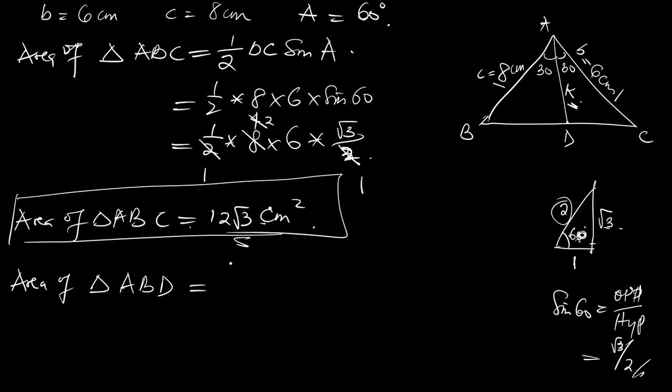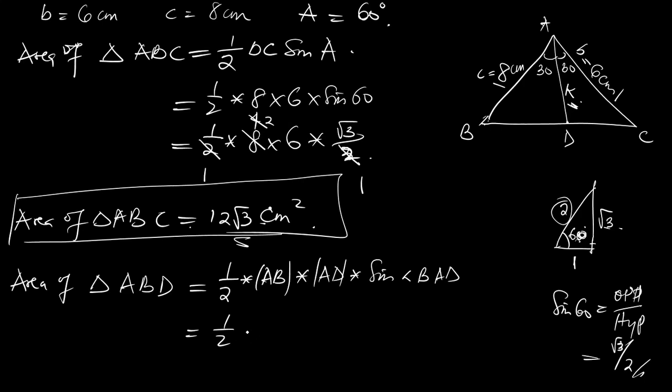So we will now use half times the product of these two sides that is given. So you have AB times AD times the sine of this included angle, which is angle BAD, and which is 30.